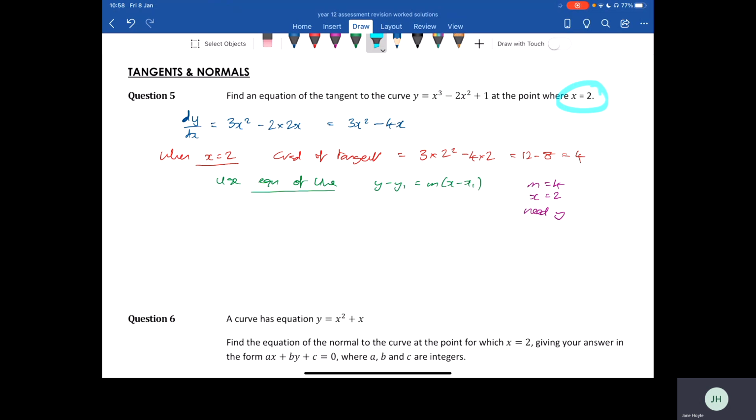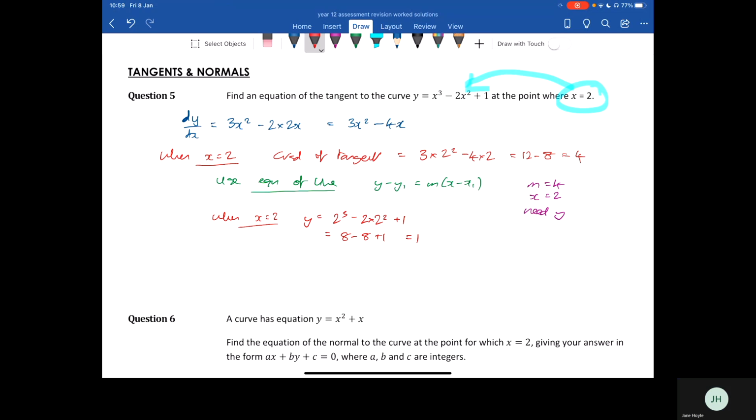To find y, I take that x is equal to 2 and I just substitute it into the curve. So I know that when x equals 2, y is equal to 2 cubed minus 2 times 2 squared plus 1. And that gets me 8 minus 8 plus 1. That is equal to 1.